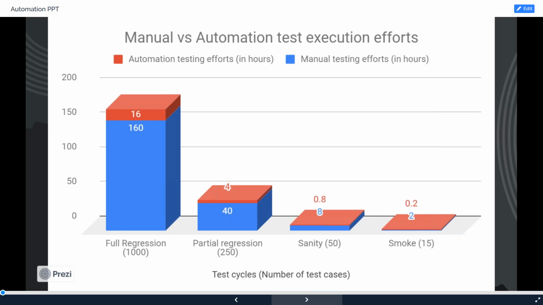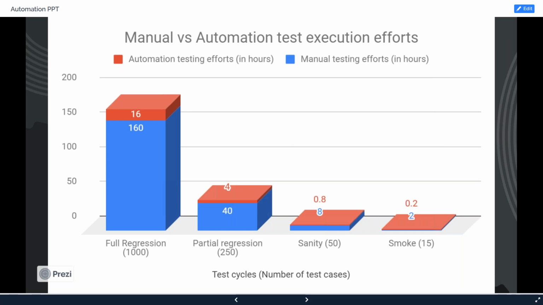So, manual versus automation test execution efforts. Is this graph self-explanatory for everyone, or should I explain it?